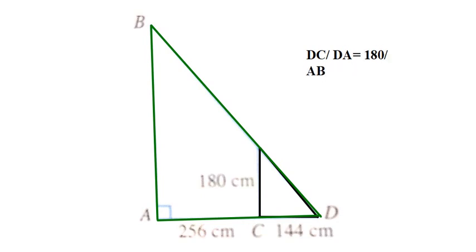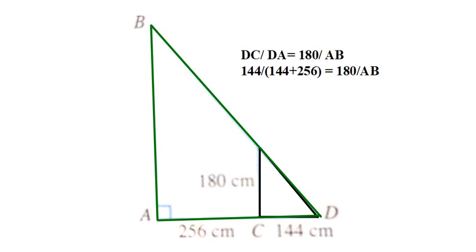Once again, we can work on that instantly. So DC over DA is 144 over 144 plus 256, equals 180 over AB. I'm going to make this a bit neater, putting it over here and this one on top.